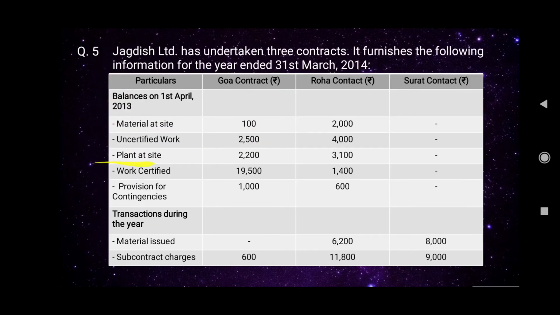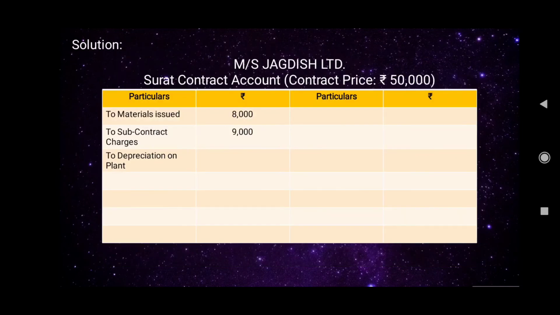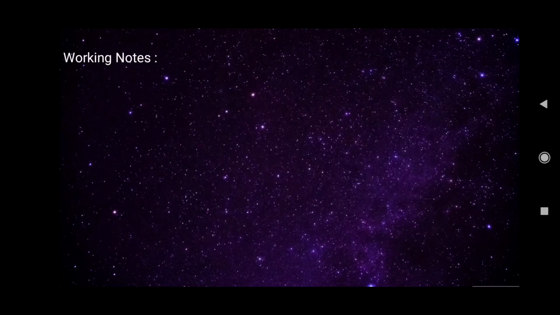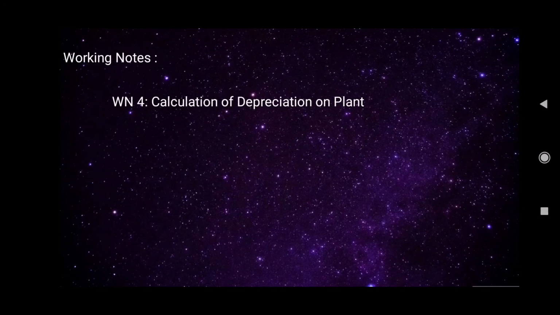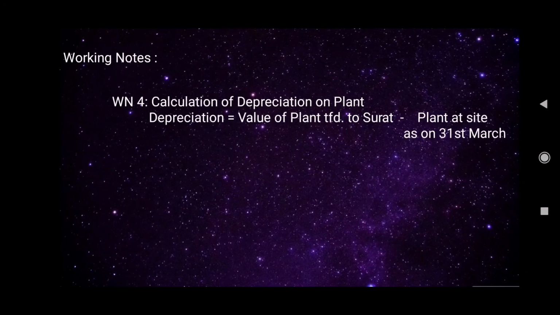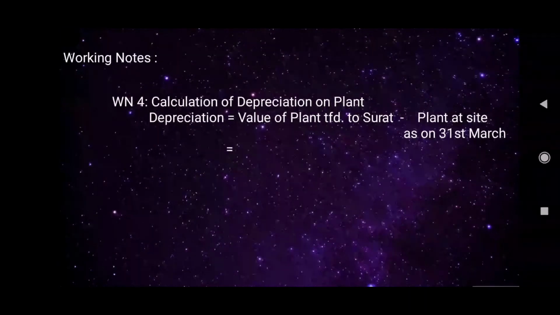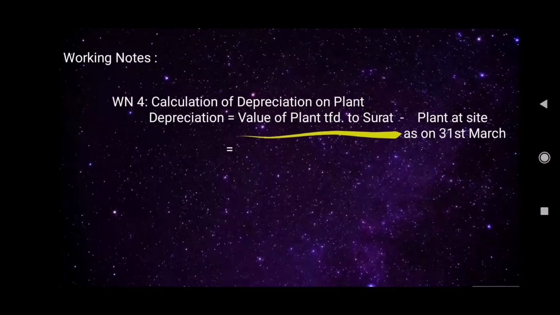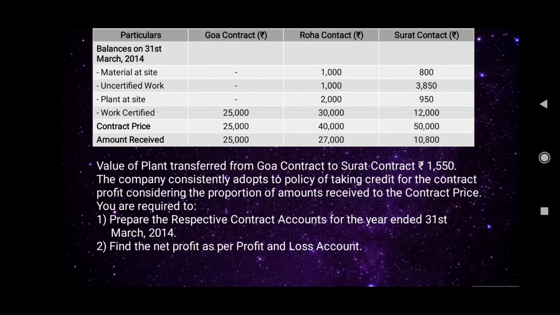Now let us calculate depreciation for plant at site. So let us prepare working notes. Working note number 4, calculation of depreciation on plant. So depreciation is equal to value of plant transferred to Surat minus plant at site as on 31st March, which is equal to value of plant transferred to Surat, which is 1550.